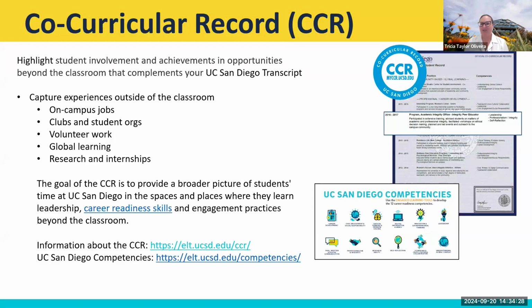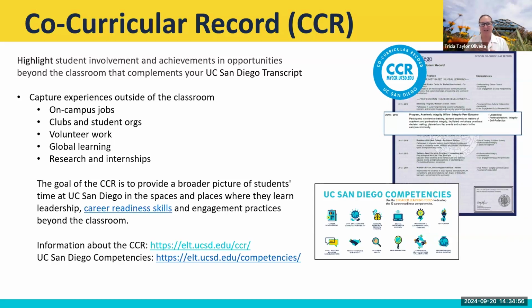So just want you to be aware that this co-curricular record exists. It's a way for you to show some of what you've done and the ways you've been involved here on campus. And one key piece of the co-curricular record is that in addition to saying this student participated in this research opportunity on these dates, it will include some of the key competencies or skills that you developed.